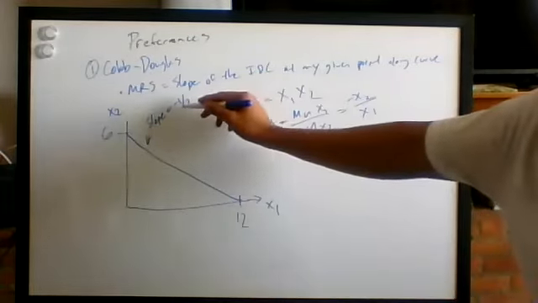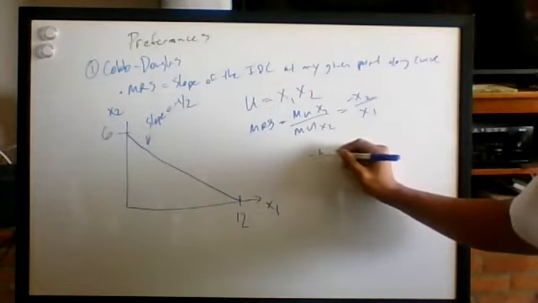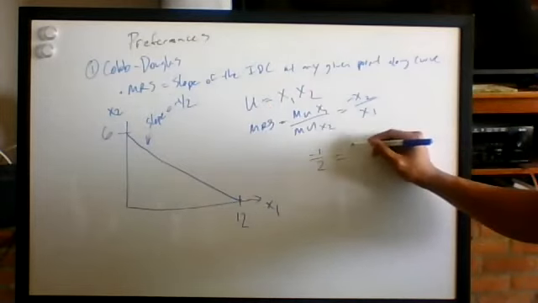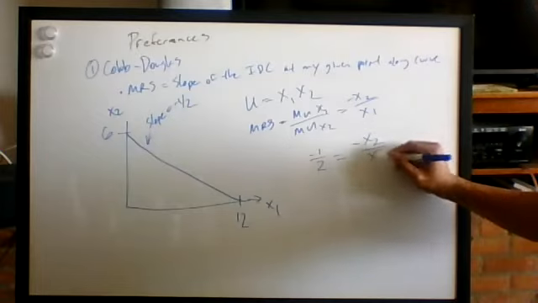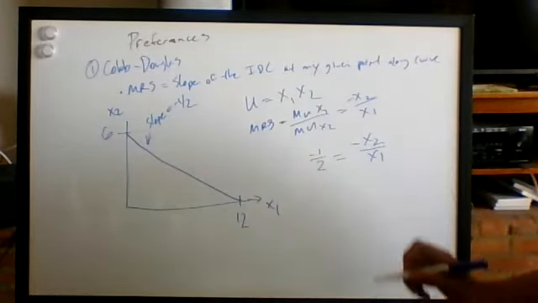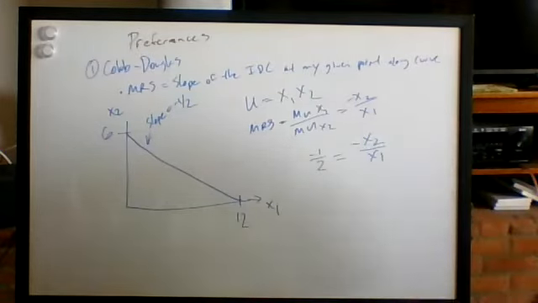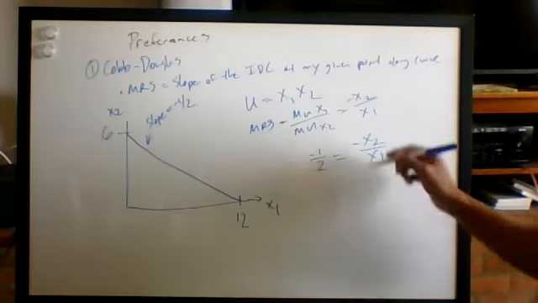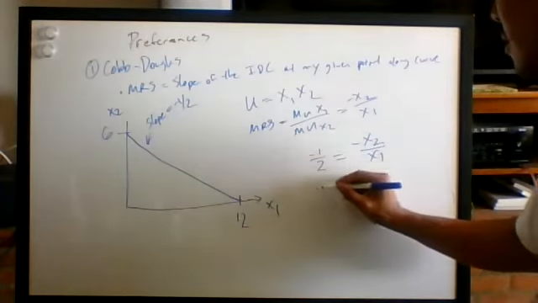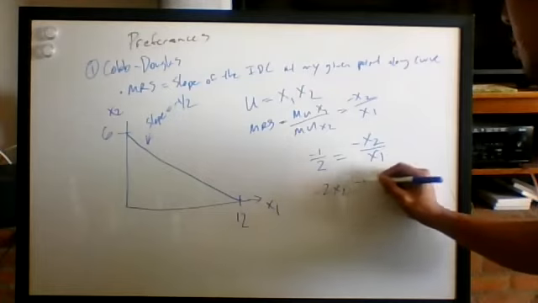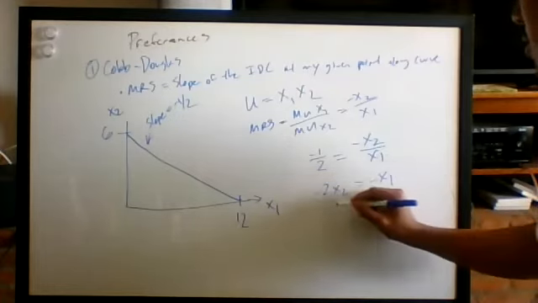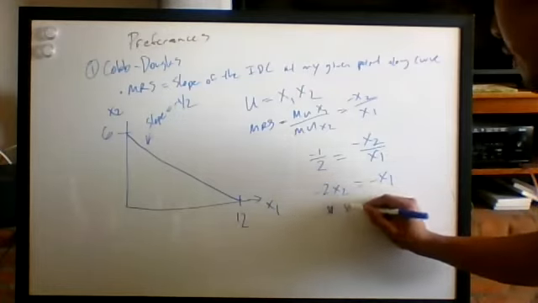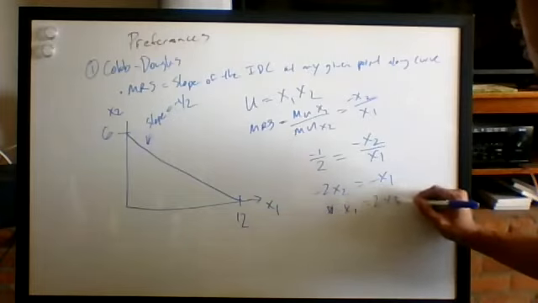Because we already know the slope of one of them, I'm going to set negative 1/2 equal to negative x2 over x1. This becomes really easy: negative 2x2 is equal to negative x1, so x1 is equal to 2x2.